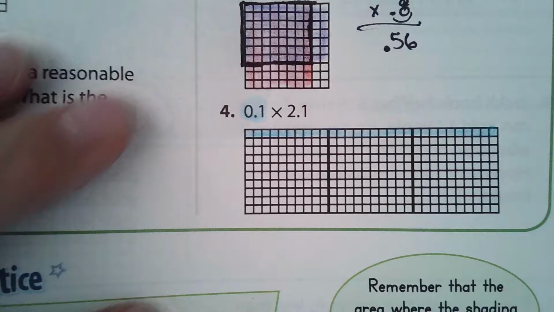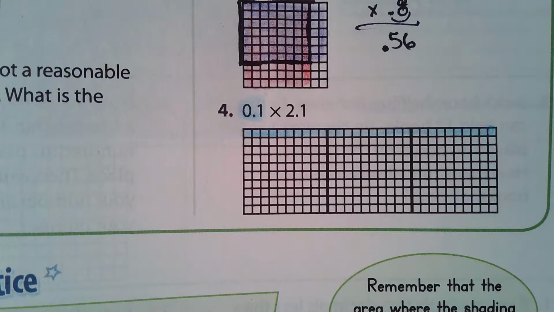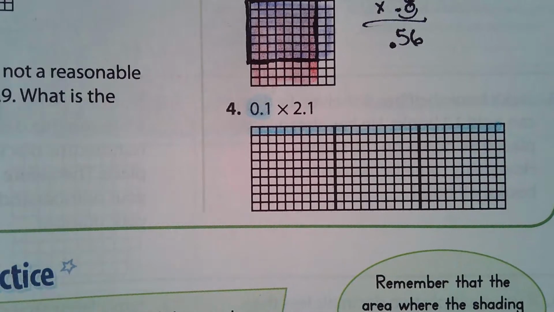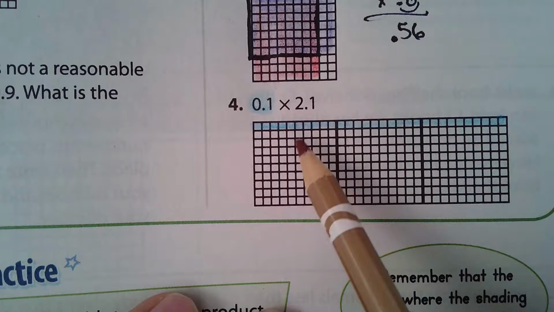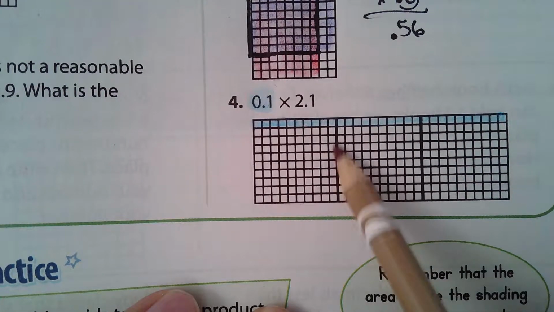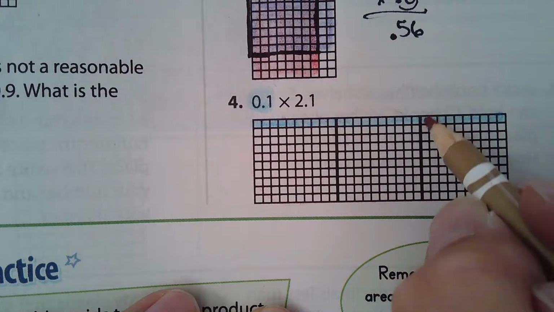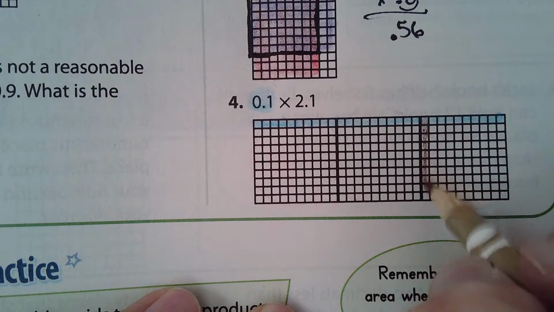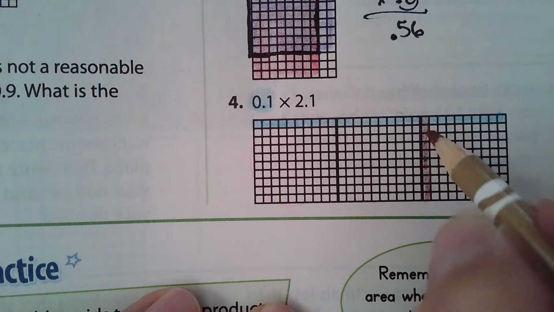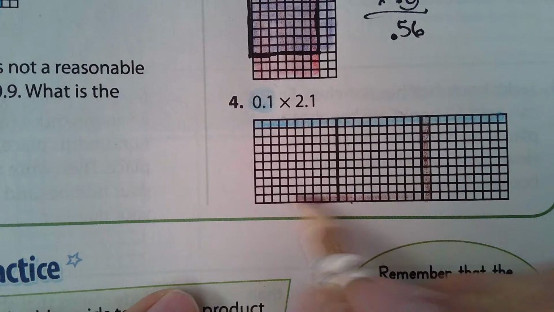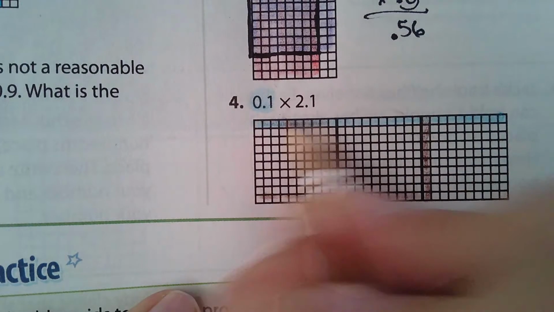All right? Then it's 2.1. So here's 1, here's 2, and then 0.1. So I'm going to color that 0.1 right there, and then all the rest of this.